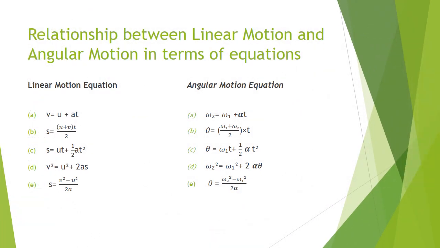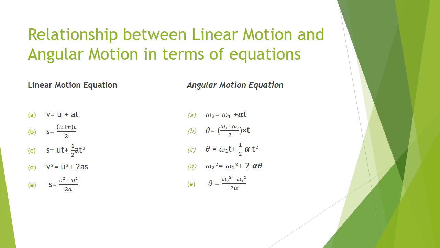Let's look at now the relationship between linear motion and angular motion in terms of equations. So for linear motion, A: we have v is equal to u plus at. In angular motion we have omega 2 is equal to omega 1 plus alpha t. And then B: on linear motion we have s, which is the displacement, is equal to initial velocity plus final velocity divided by 2 times t.